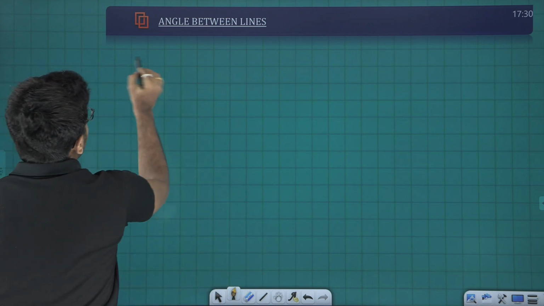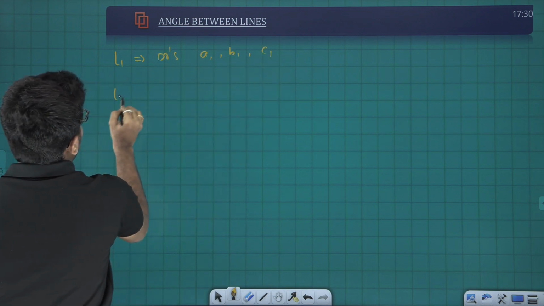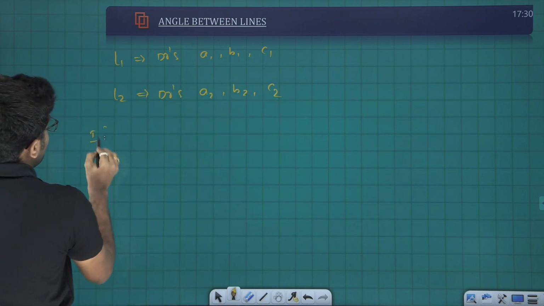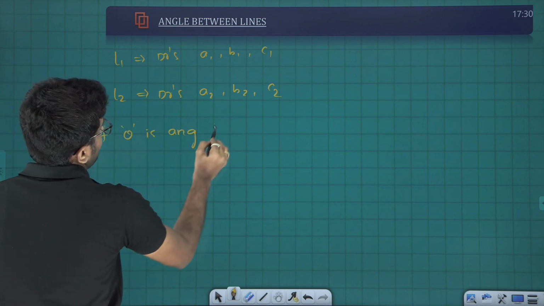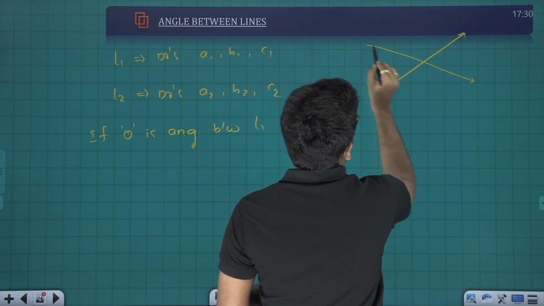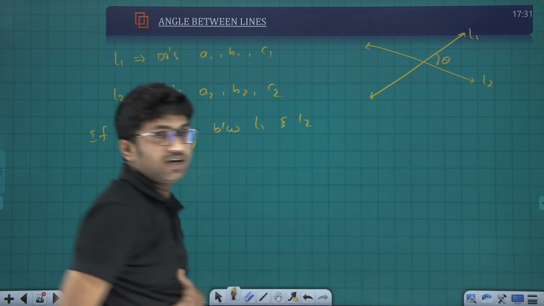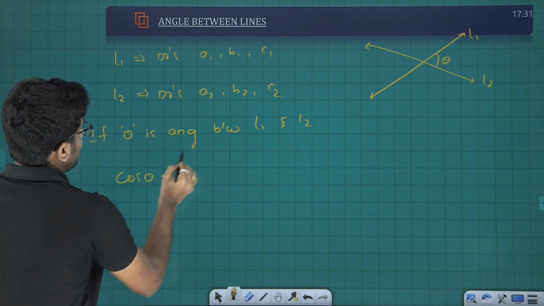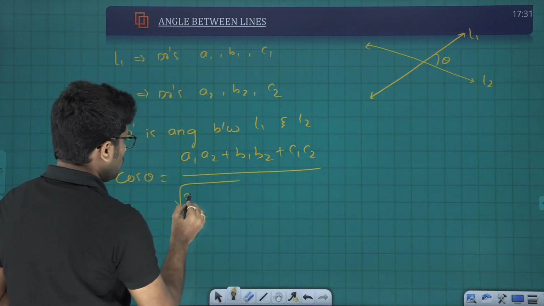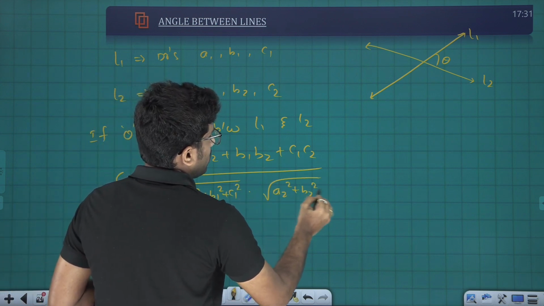Just now in the beginning itself we said, if line 1 has DRs A1, B1, C1 and line 2 has DRs A2, B2, C2, and if theta is the angle between L1 and L2, then cos theta equals (A1A2 plus B1B2 plus C1C2) whole divided by square root of (A1 square plus B1 square plus C1 square) into square root of (A2 square plus B2 square plus C2 square).